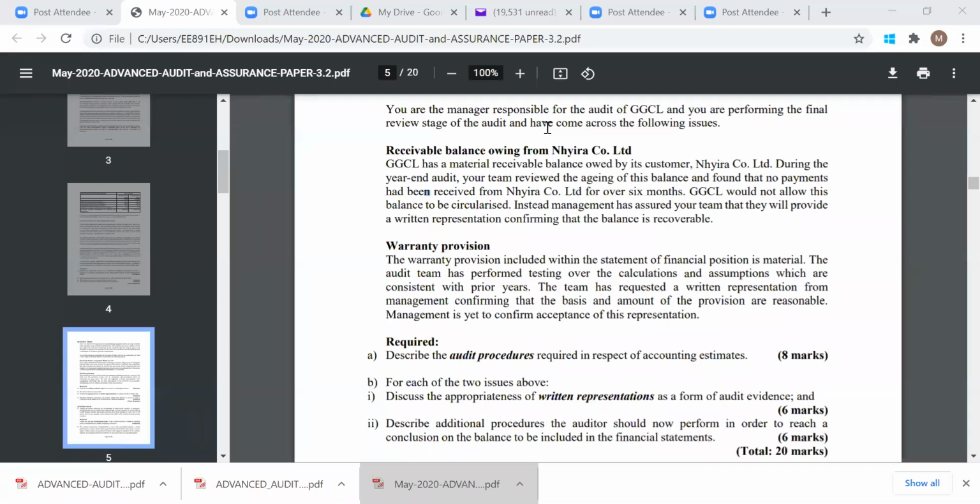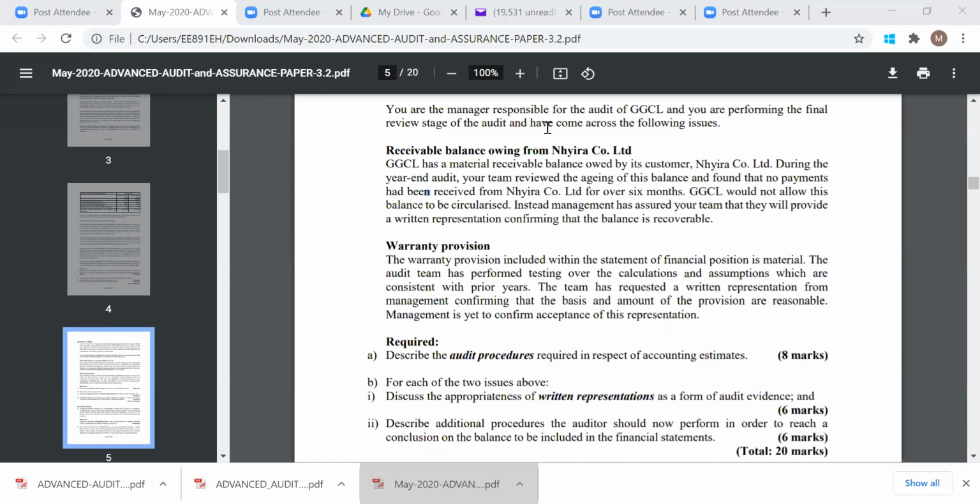Anyway, when we go back to the 7 audit procedures we are talking about, we see inquiry, right? So we inquire from management. You also have to confirm whether the assumptions surrounding the accounting estimates are actually reasonable.